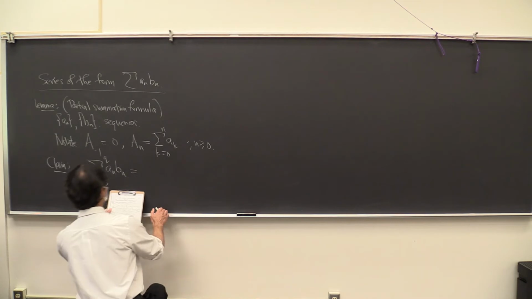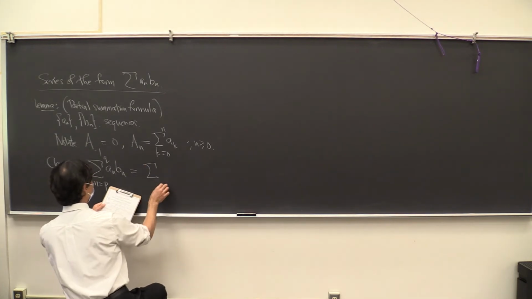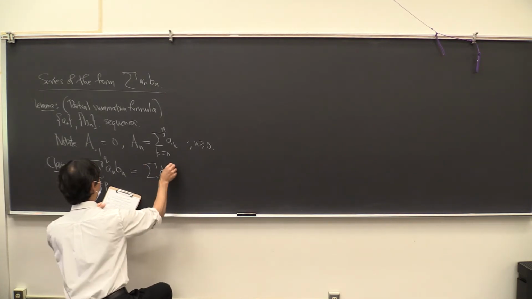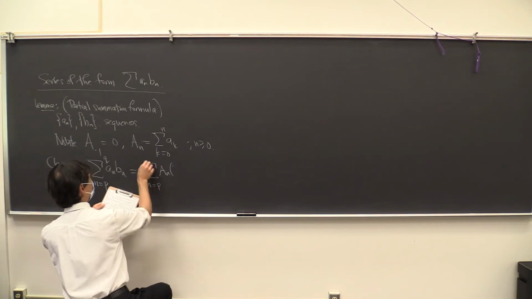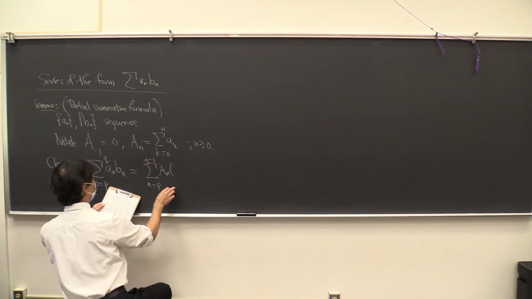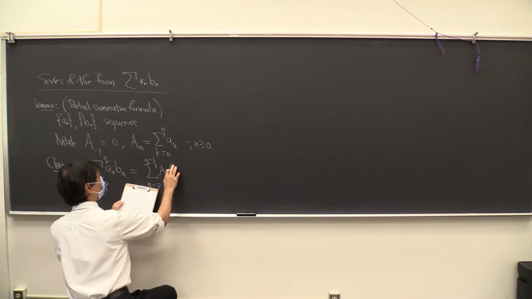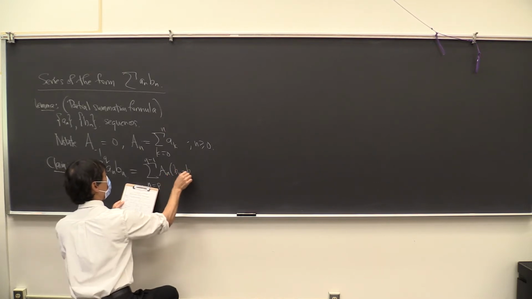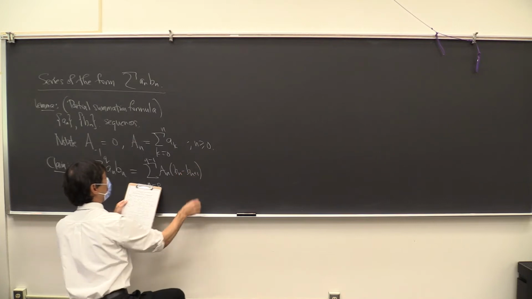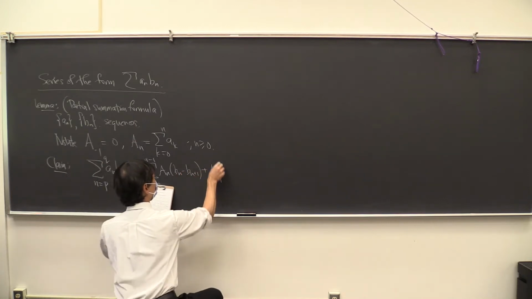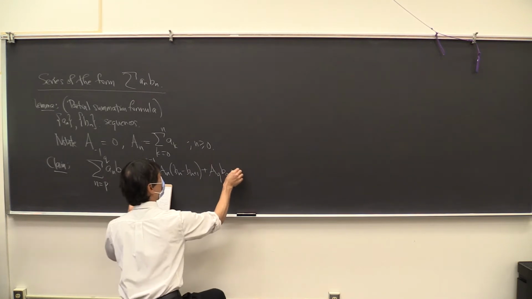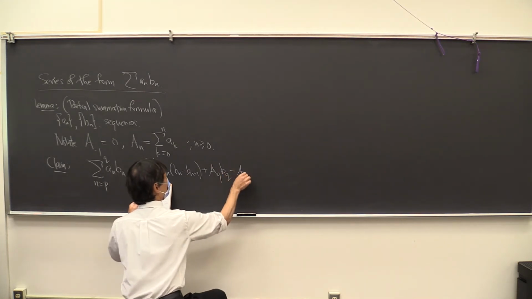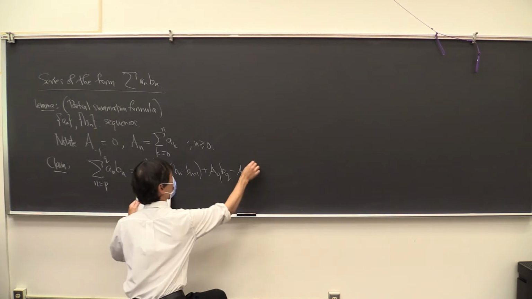You can express the sum from p to q of a sub n b sub n as the sum from p to q minus 1 of capital A sub n times b sub n minus b sub n plus 1, plus capital A sub q b sub q minus capital A sub p minus 1 b sub p.